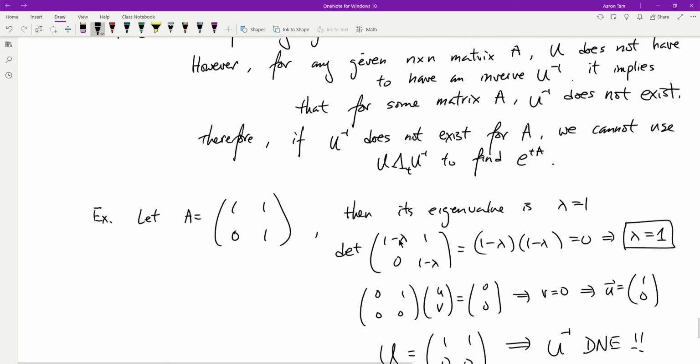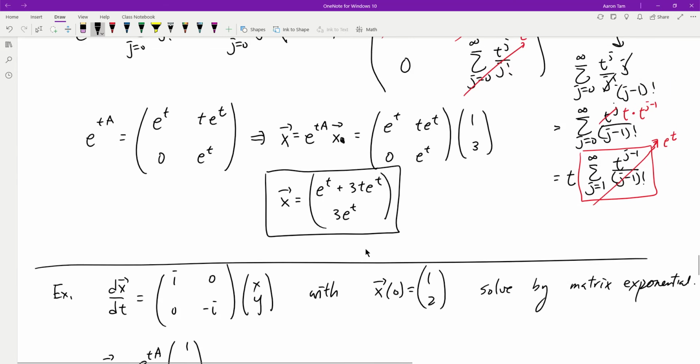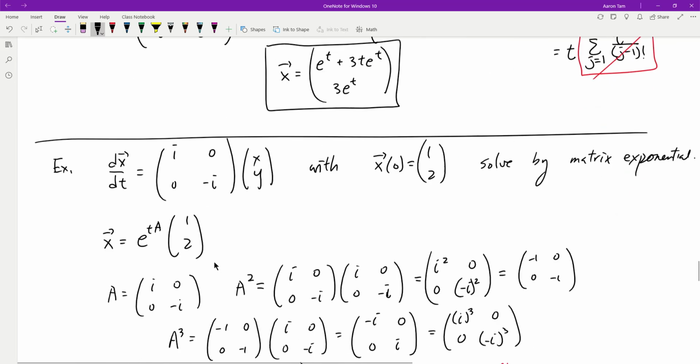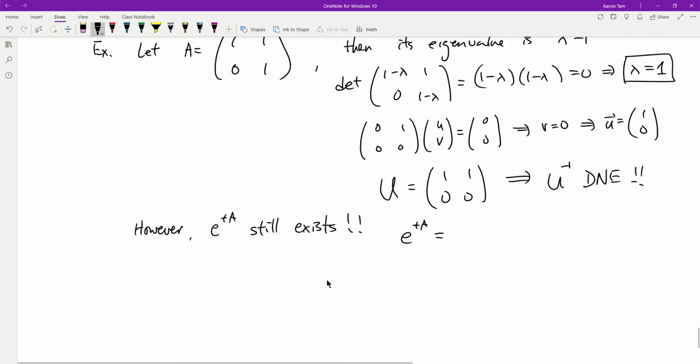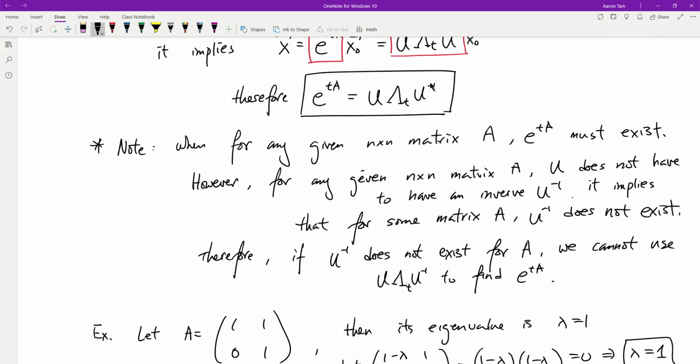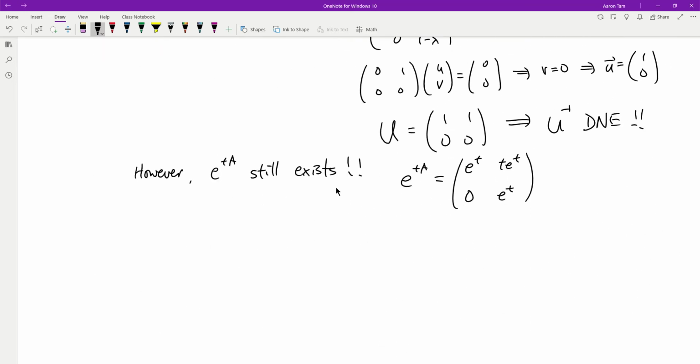Let me see what the e^(tA) is. It's this thing right here: [[e^t, t e^t], [0, e^t]]. Important to understand is that even if this formula failed to work, most likely because U inverse doesn't exist, because matrix A has a repeated eigenvalue, I can still find e^(tA) through other means. Just because this formula doesn't work doesn't mean e^(tA) does not exist. e^(tA) must exist. It just means we have to find some other way to actually calculate it.